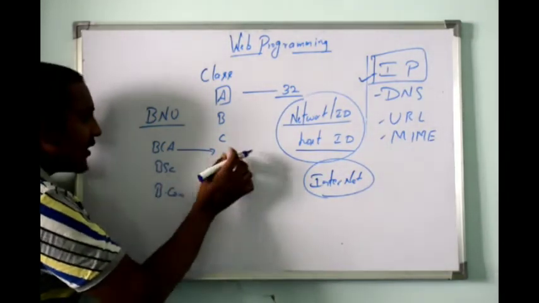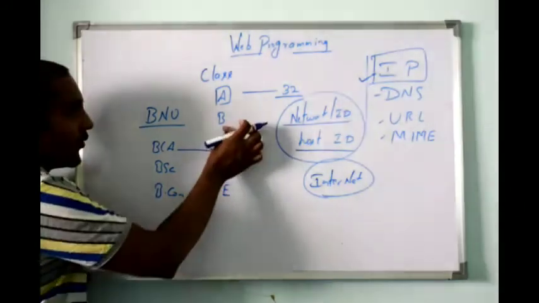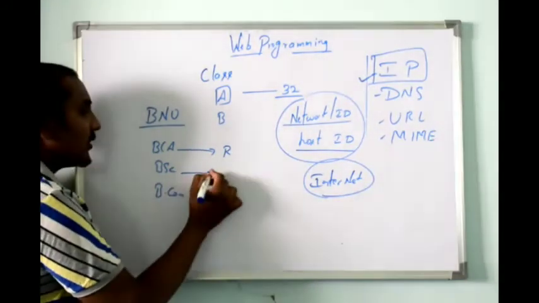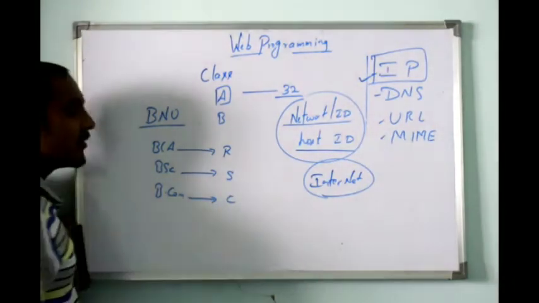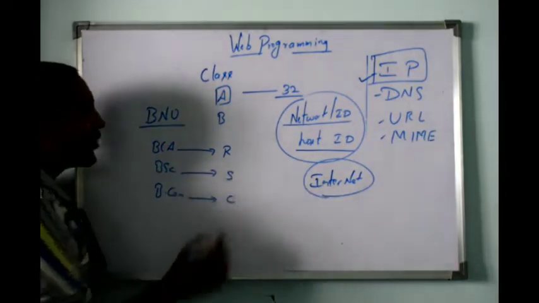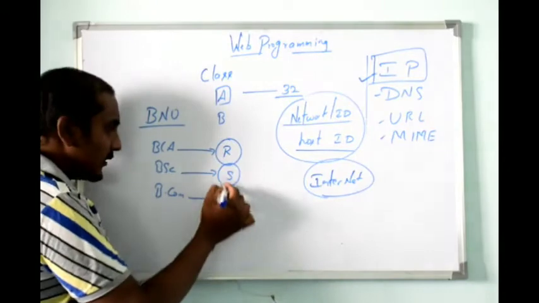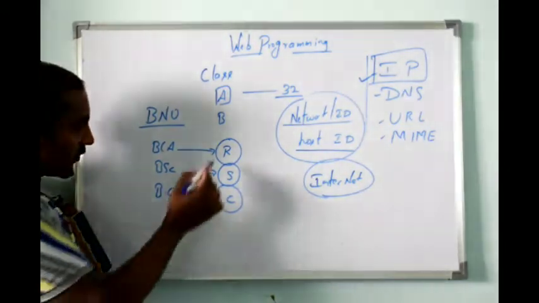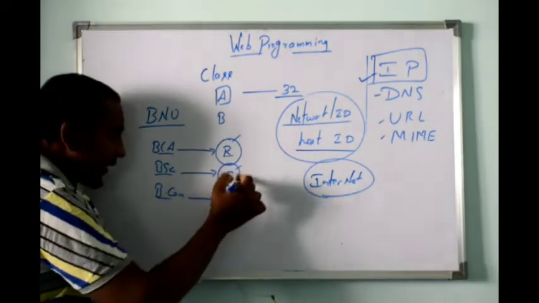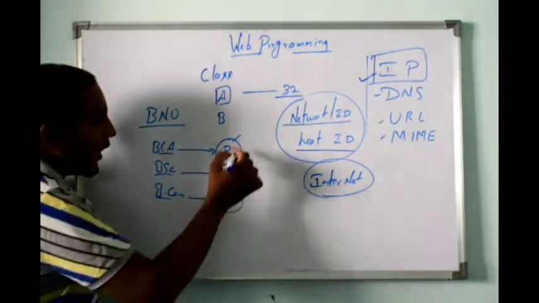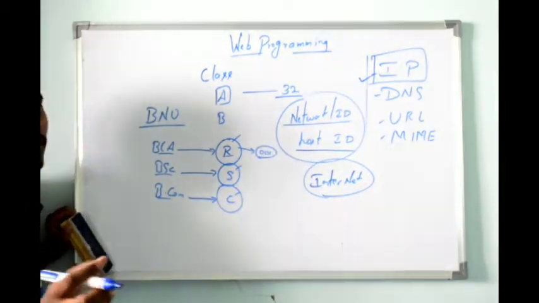If BCA is identified by some symbol like R, BSc is represented by S, and commerce is represented by C, then your register number will have R, S or C, representing your course. That acts as the network, and under this network your own register number acts as your host ID.